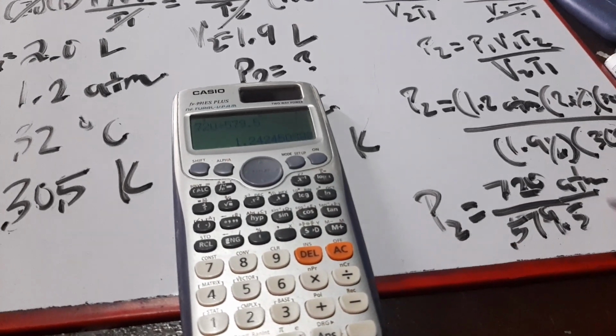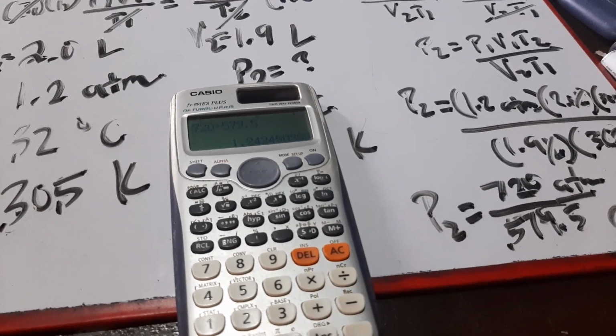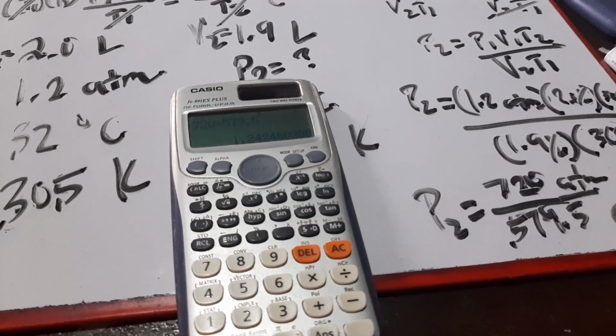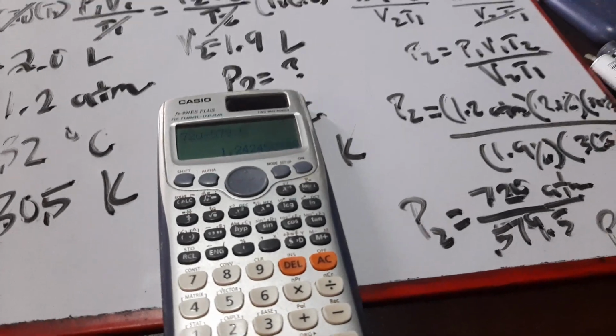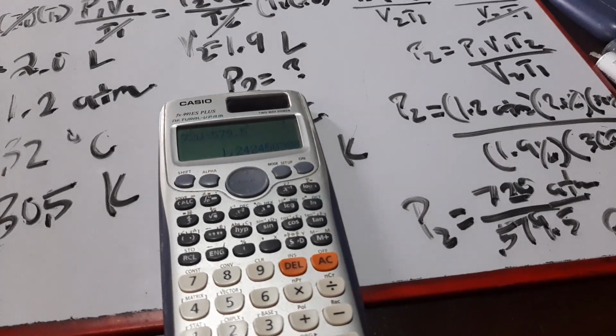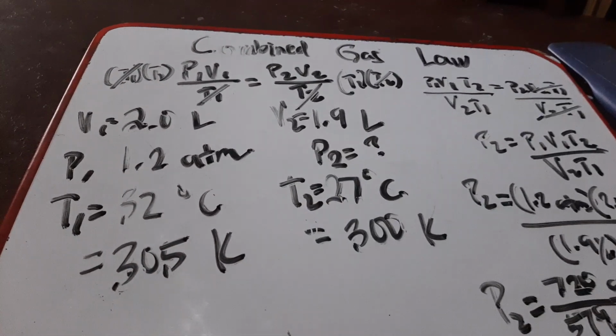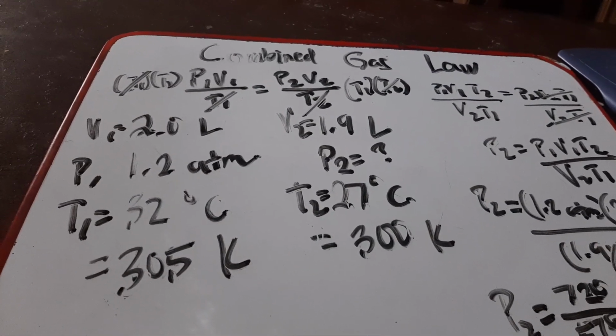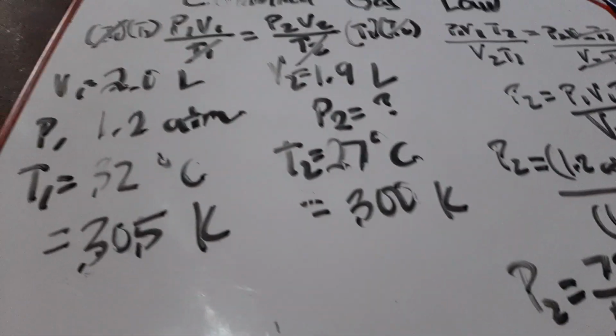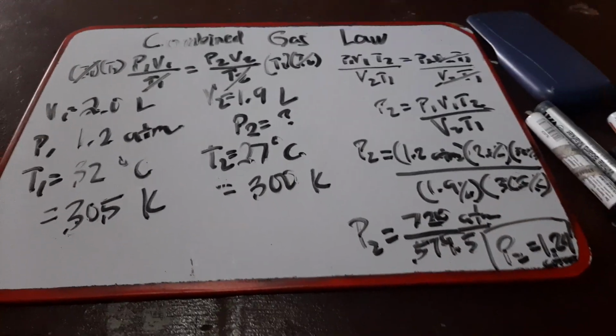That would be 1.24 atm. So the pressure would be 1.24 atm. And there you have it, the combined gas laws.